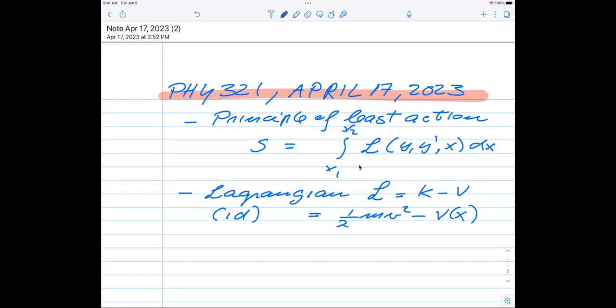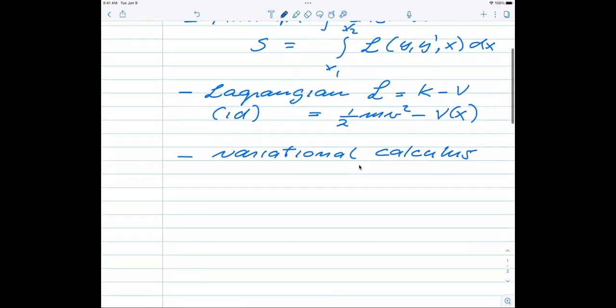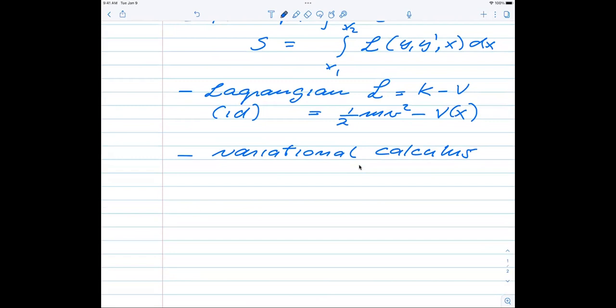Then what we did was to use variational calculus, and we derived what are called the Euler-Lagrange equations. I'm saying equations because we can have more than one type of variable.